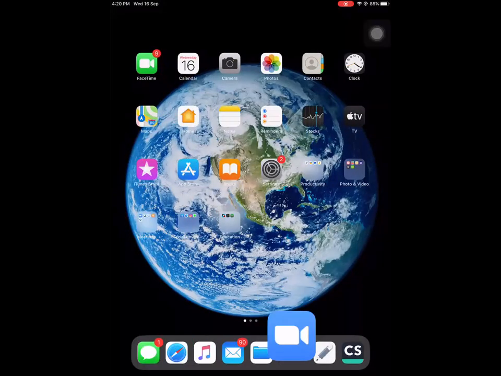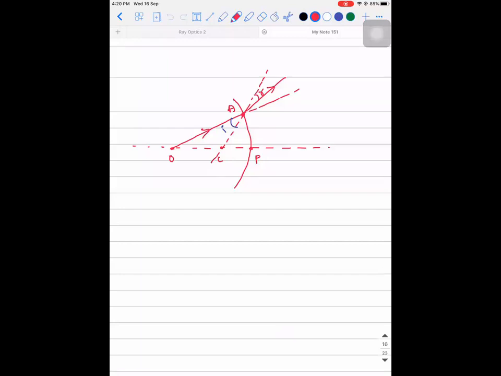Are you able to hear me or not? I'm asking what is the other ray you need to consider? You can take it between O and C. You can take it along OCP itself, along the principal axis.